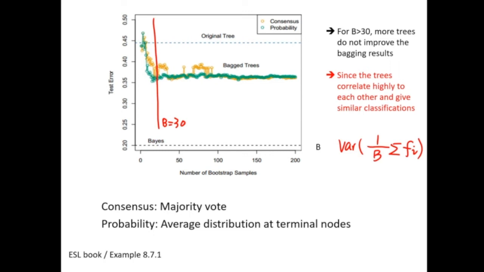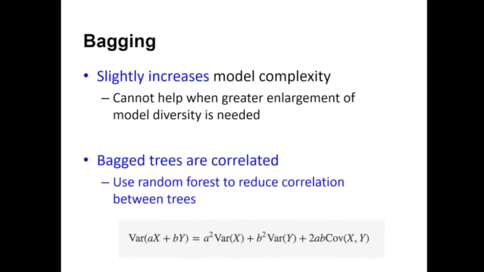And that means the whole variance of this summation, this ensemble, this bagging of trees, is not necessarily reduced if the covariance is too big, compared to just each individual tree. So this is the final summary conclusion I want to make about bagging decision trees. The whole reason is that the trees are very correlated, and bagging only slightly increases the model complexity.